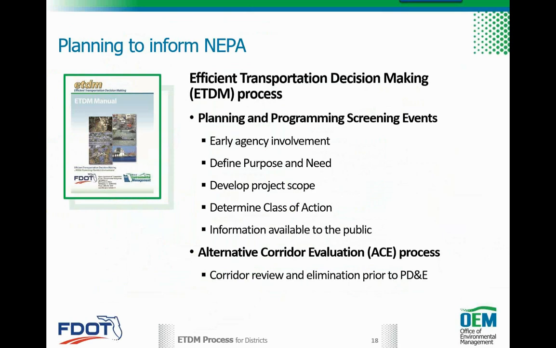An alternative corridor evaluation process allows us to eliminate unreasonable alternatives for reasons other than the alternative not meeting the purpose and need.